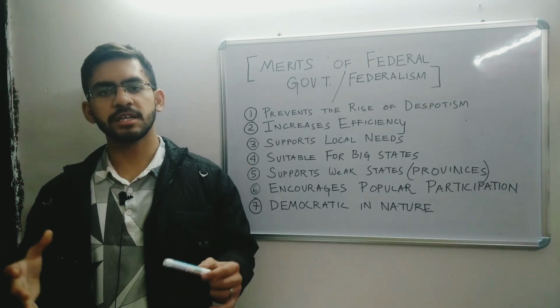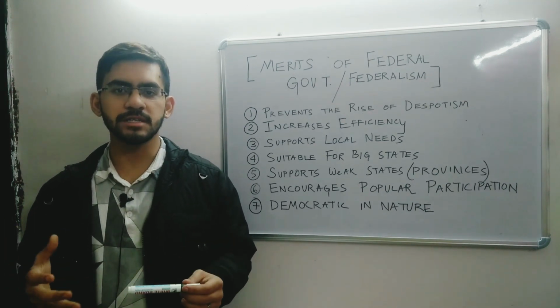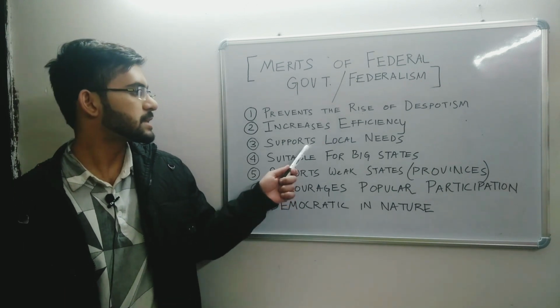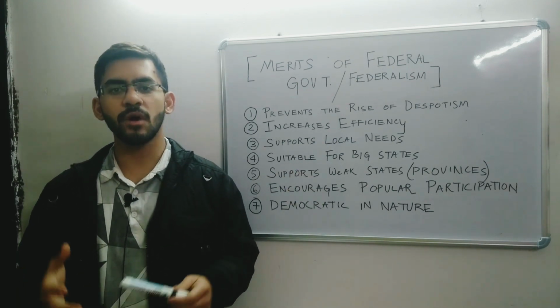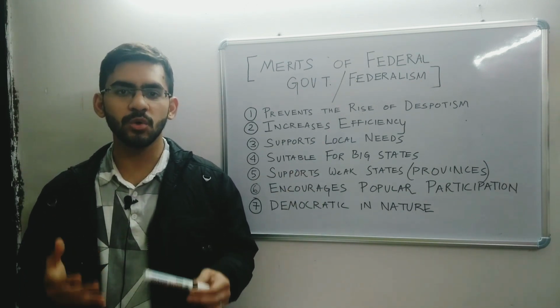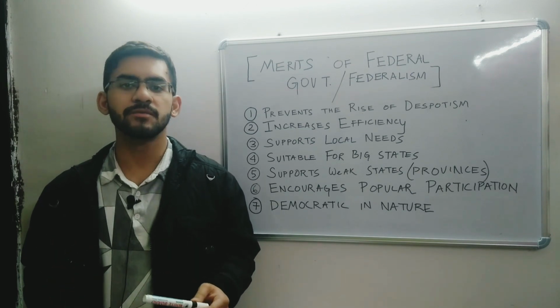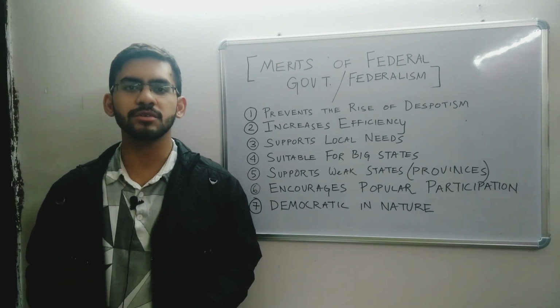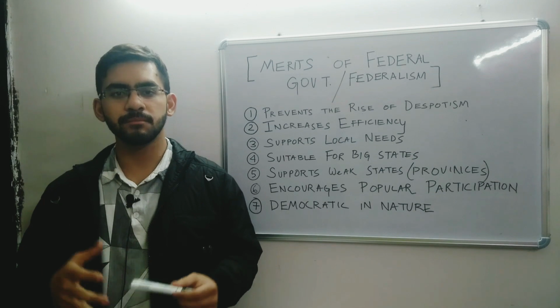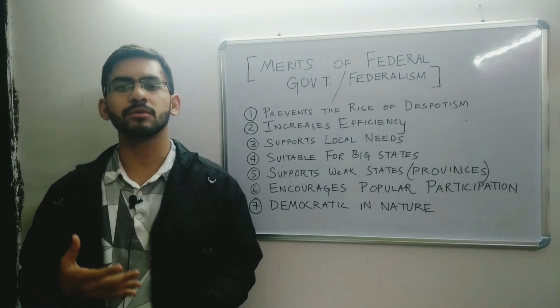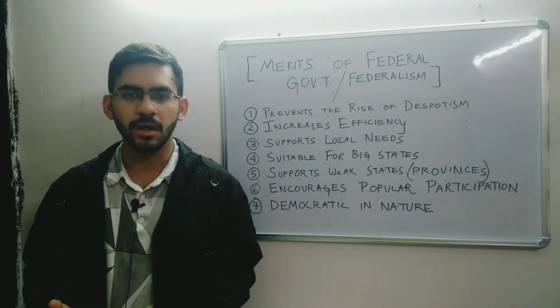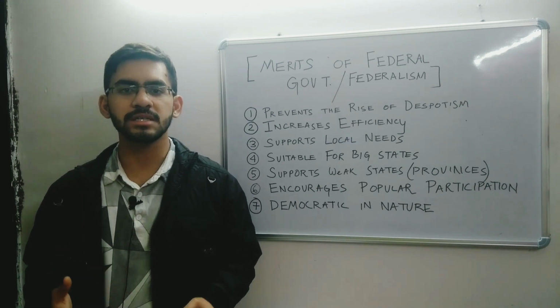Now, one of the greatest merits of a federal system is that it supports local needs. If you have seen my previous video, you already know that it's not possible for a central government to take care of the needs of the people throughout the entire state on its own, which is why the provincial governments come very handy.